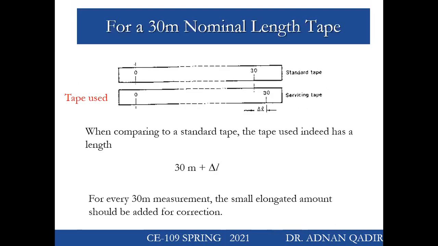So this is the tape used when comparing to the standard tape. The tape used indeed has a different length. This is the standard tape length of 30, and this is the extended tape length. This can be minus as well. So this is delta L. For every 30-meter measurement, the small amount should be added for correction.